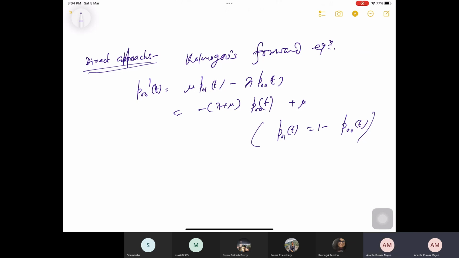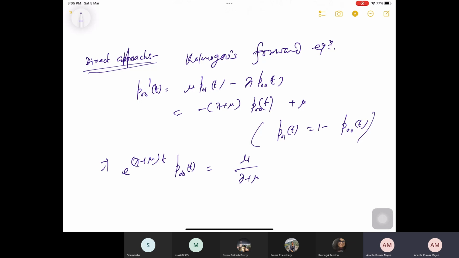So this is a simple ODE. You can solve it by multiplying by the integrating factor e to the power lambda plus mu of t.